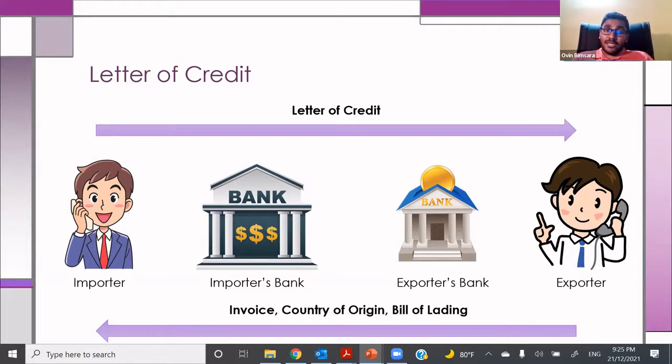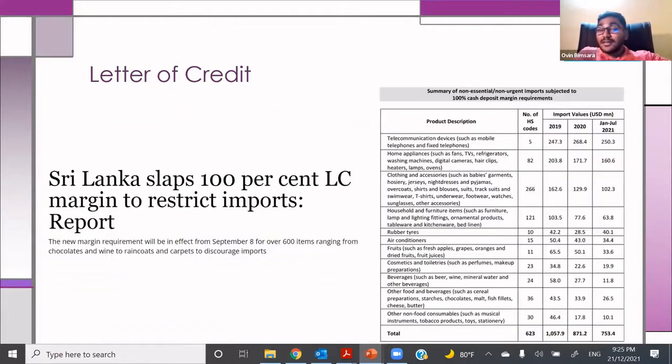But unfortunately, in the Sri Lankan context, recently the government made a decision where if any importer wants to open a letter of credit from any commercial bank, they need to first pay 100% of the amount to the bank, and only then can they get a letter of credit. They can't take that 30, 60 or 90 days credit period. Why did the government do that? Right now, we all know our exchange rate is massively depreciating.